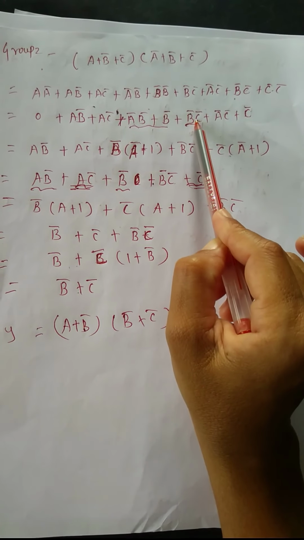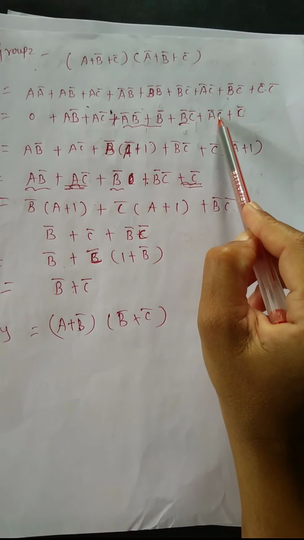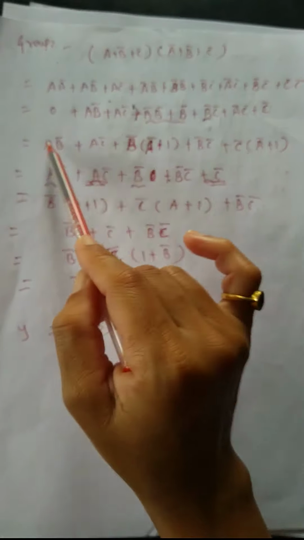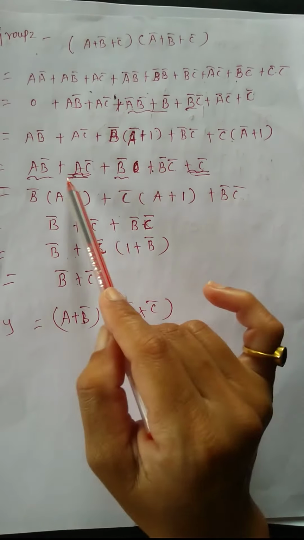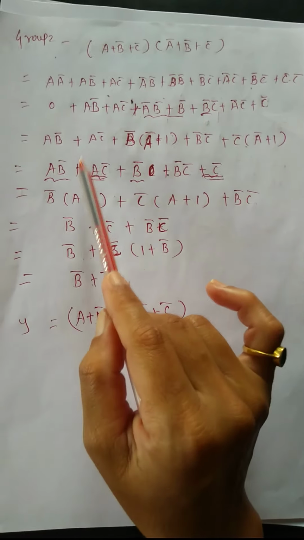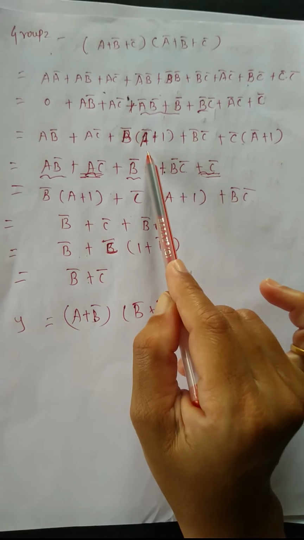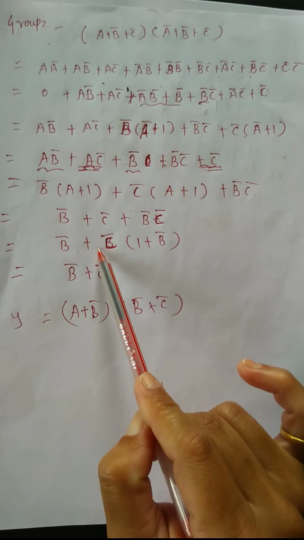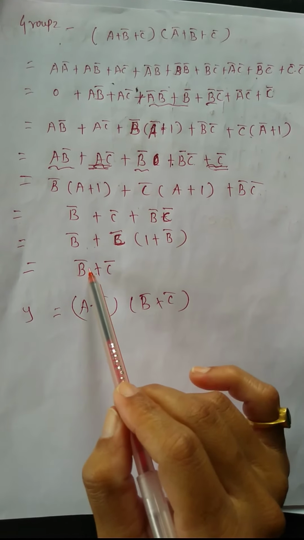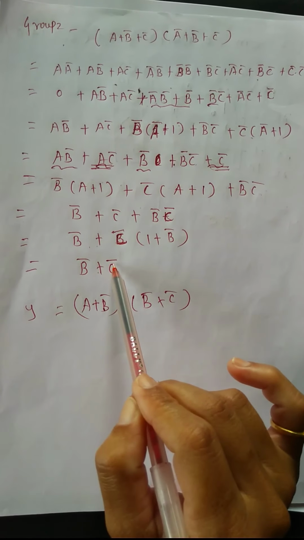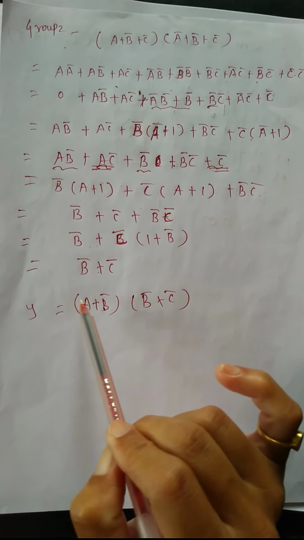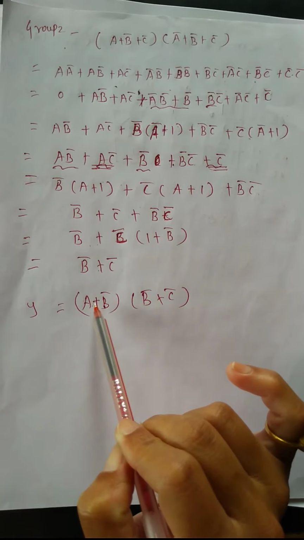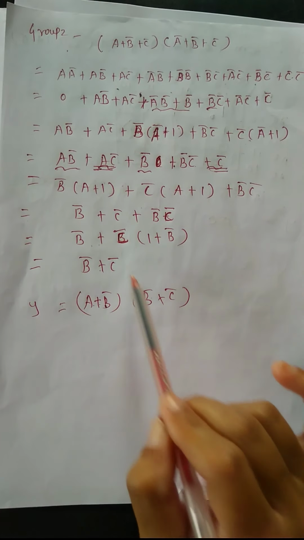Next b bar c bar, then a bar c bar, and c bar. You have to take the common terms and solve the bracket. Using the Boolean laws, after simplification we get the answer b bar plus c bar.